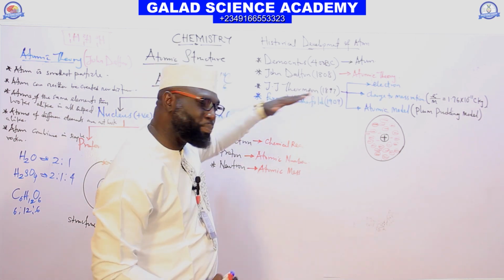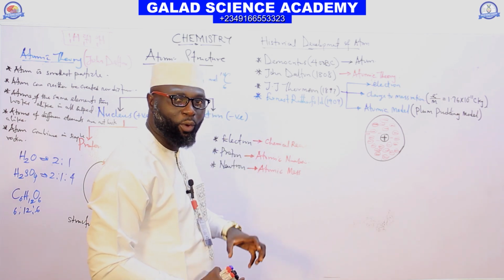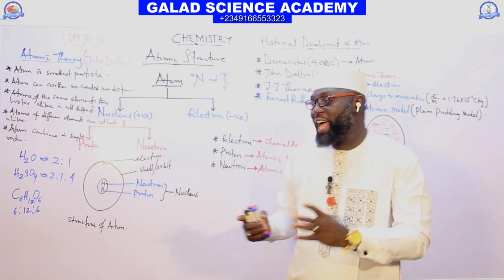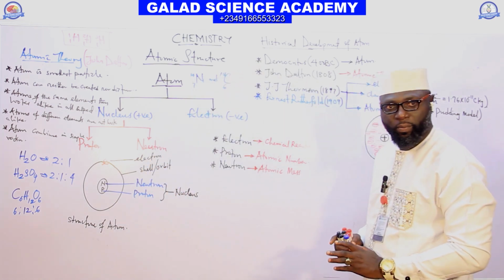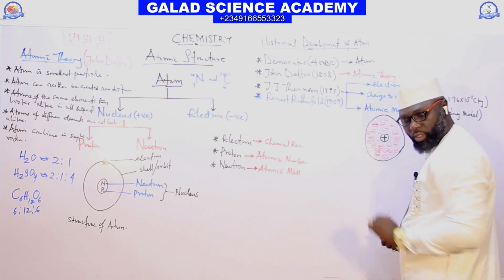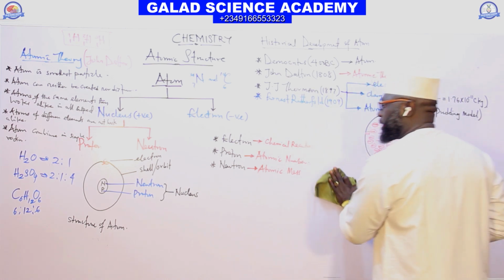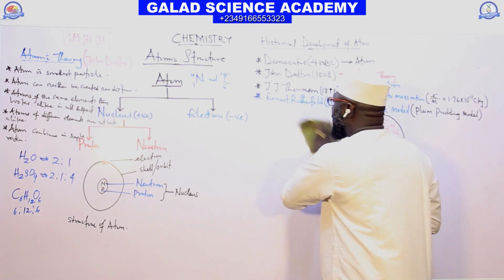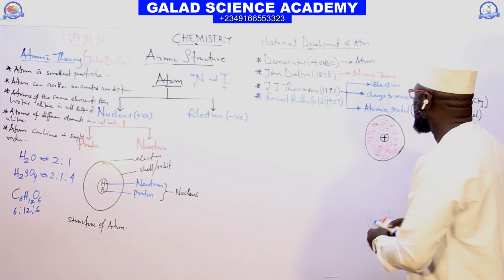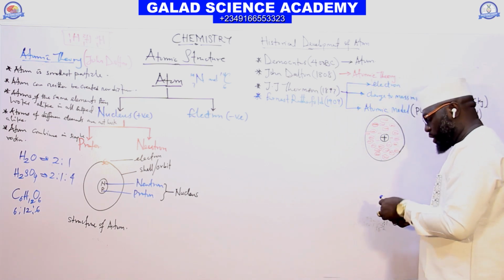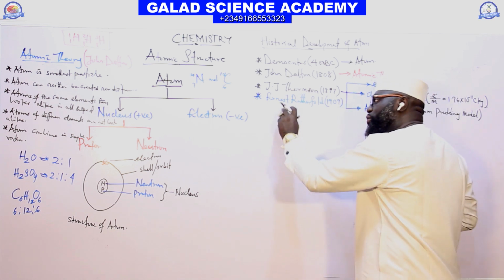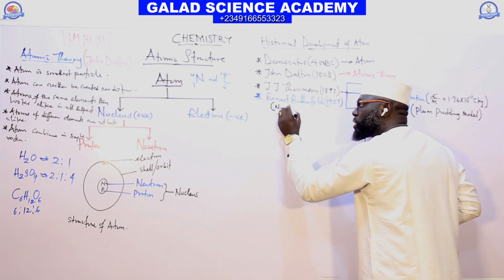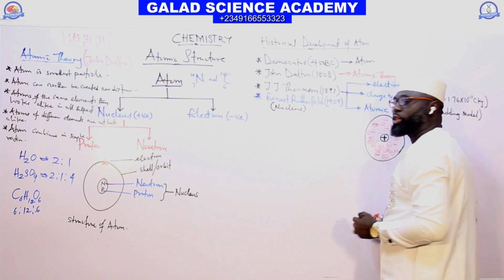that he discovered the positive central nucleus of the atom by the Geiger-Marsden experiment, or alpha scattering experiment. So Rutherford discovered the positive central nucleus of an atom.